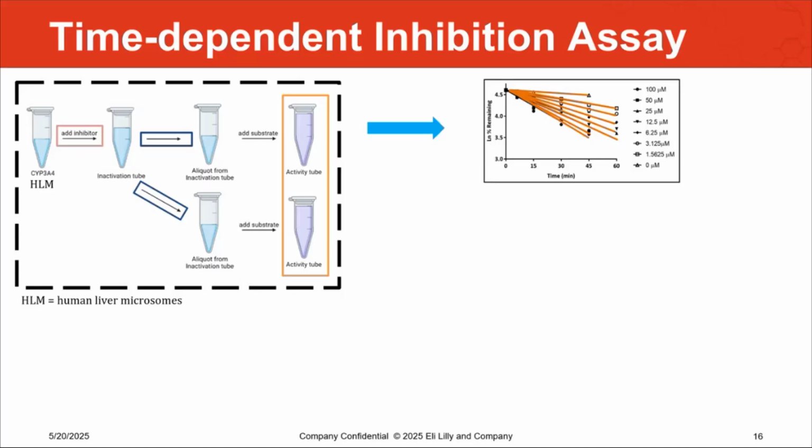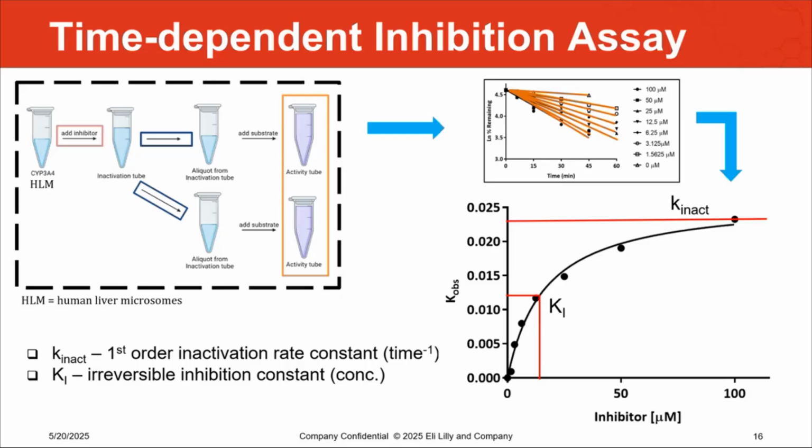And you can replot this on a graph where the x-axis is your inhibitor and the y-axis is your observed loss, the slope of the line, and you see a relationship much like a Michaelis-Menten graph, where now the maximum rate of activity is actually your Kinact, or a first order inactivation rate constant, which tells you the maximum rate at which the inhibitor will inactivate your enzyme.